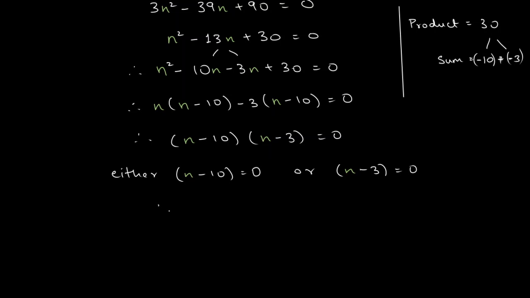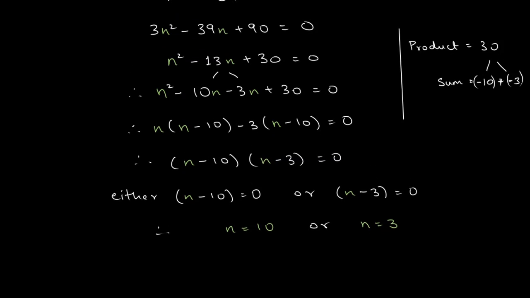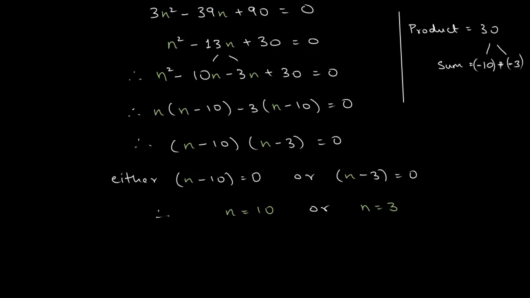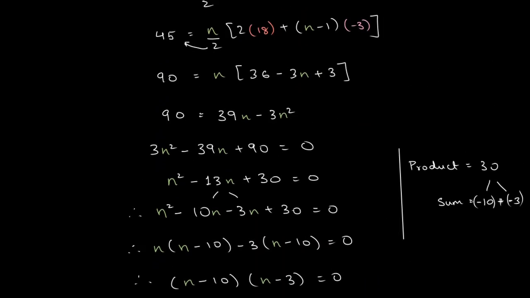On solving the first part here, I get the value of n as 10, or if I solve this one here, I get the value of n as 3. Now both of these are natural numbers, and so both these answers for n are valid. So this is actually my answer. The value of n is either 10 or 3.